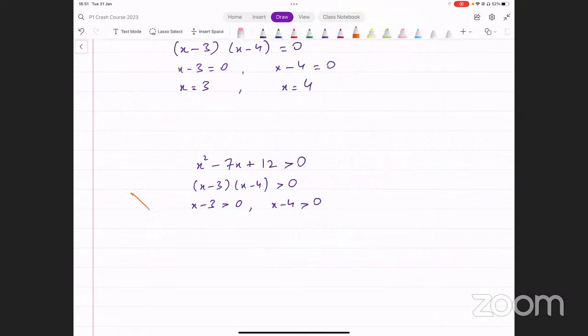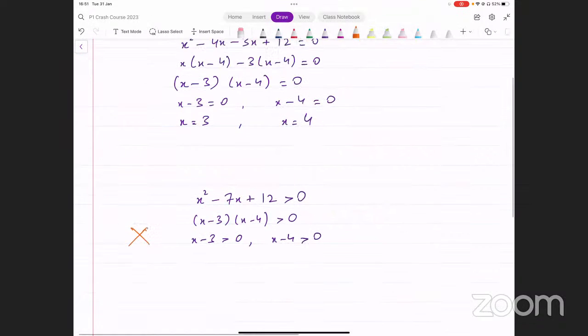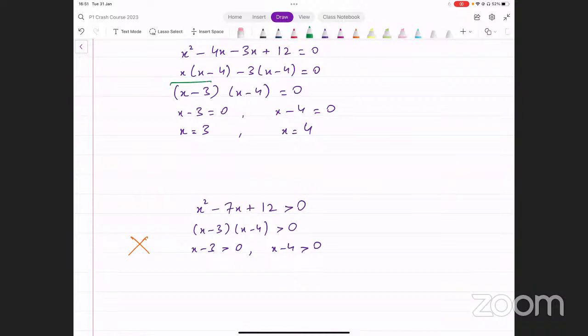In equations, we could do this because we had two expressions, this multiplied by this, and the result was equal to 0. That meant if these two numbers were multiplied, the result equals 0, which is only possible if at least one of these expressions is equal to 0.